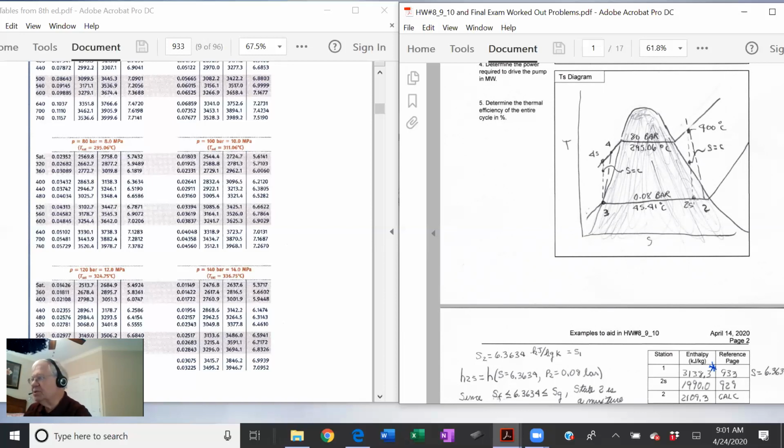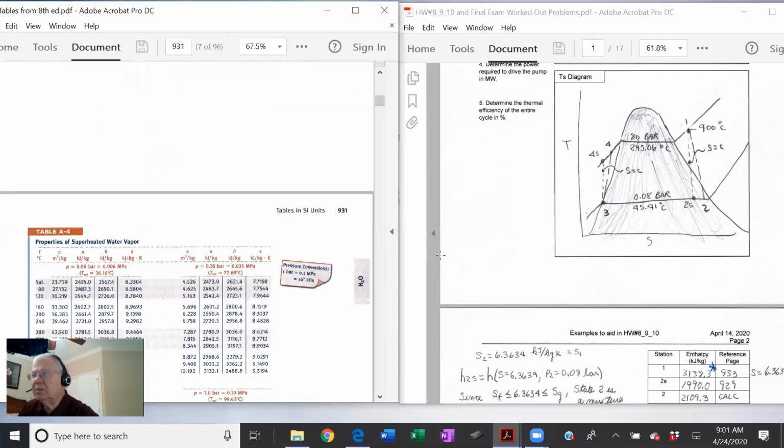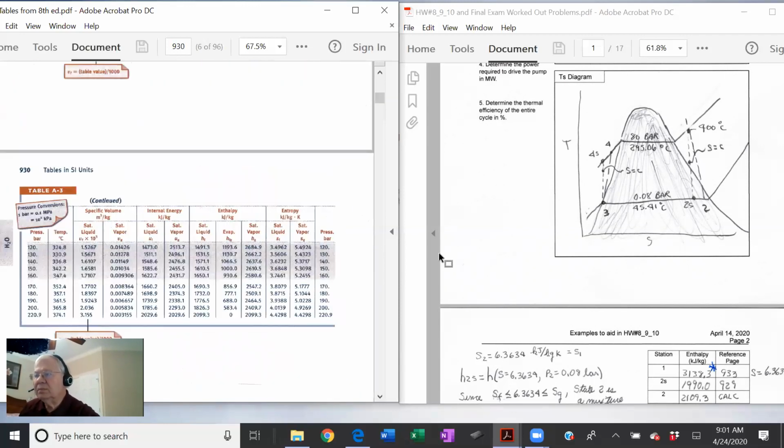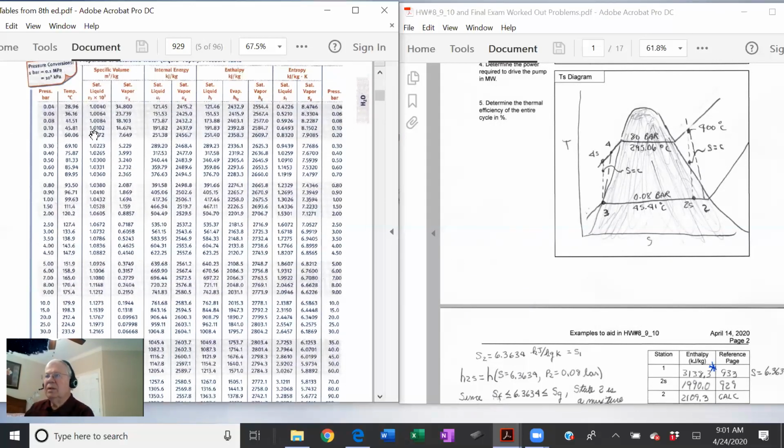So let's see if that's true. So I know I'm at 6.3634 entropy and 0.08 bar. So let's go back. There's 0.08 bar.